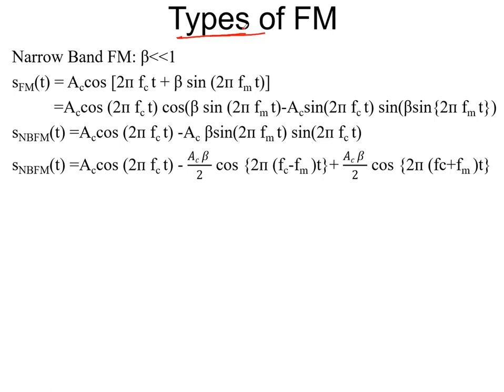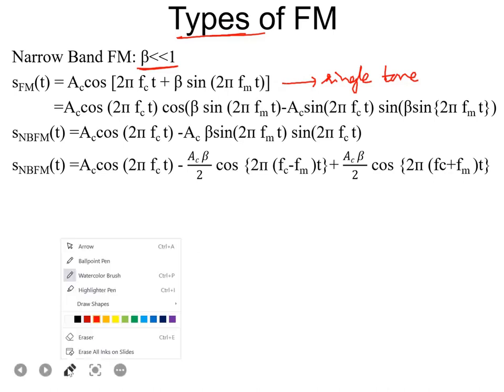Now let us see the different types of frequency modulation depending on the modulation index. Suppose the modulation index is far less than 1; let us see how the FM signal will look. This is the equation of a single tone FM: Ac cos(2 pi fc t plus beta sin 2 pi fm t).